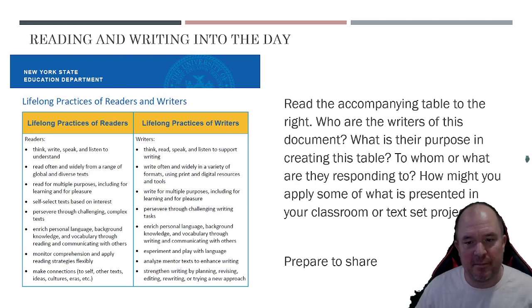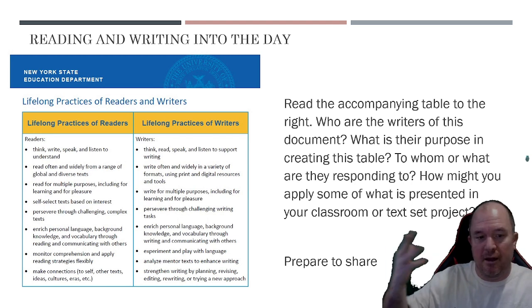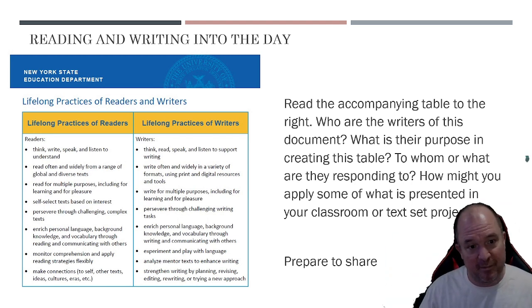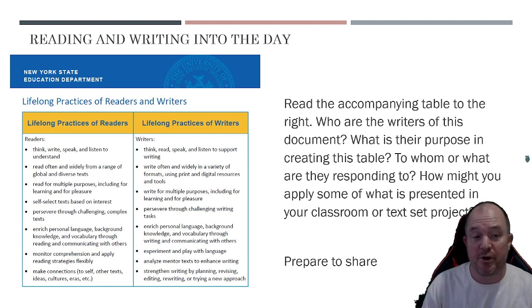So as you read the document, I want you to think, who wrote this? What is their purpose in creating this table? To whom or what are they responding to? So the people that wrote this table were responding to education policy in New York State, but also education policy nationwide. So maybe try to take a guess of what might be going on and why they're responding to this. And then I want you to also add in your writing today, how might you apply some of these practices in your classroom or your text set project?